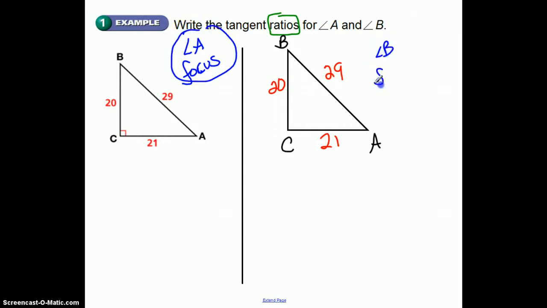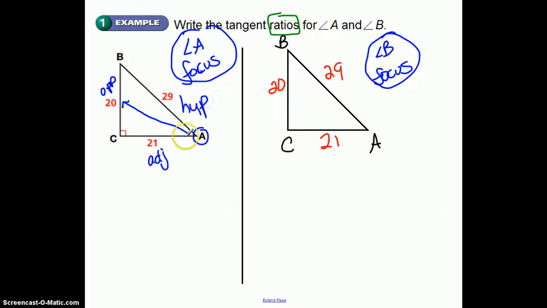And angle B is its focus. So if I do this one, if my focus is angle A, this side is opposite, this side is adjacent, and this side is hypotenuse. So to do tangent of A, I would do opposite over adjacent.